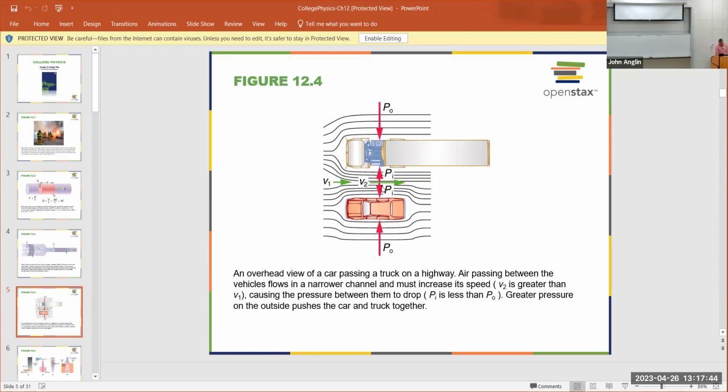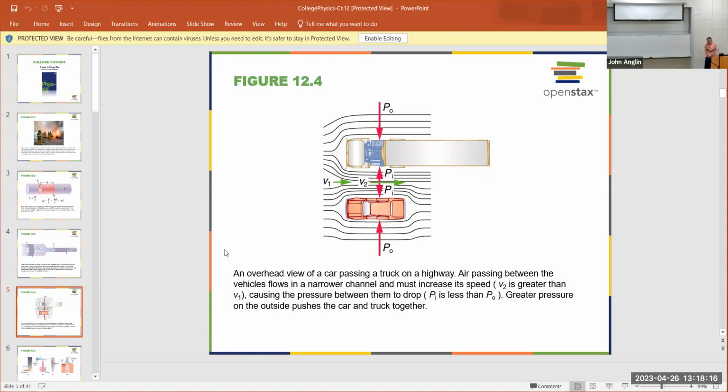And we know that that forces P1 to decrease relative to P0. So we have now a low pressure area in between the two vehicles. So what does that mean? That means that the closer you get, the lower that pressure is going to be. So you're going to get more of a push from the outside air pressure and potentially could draw those two vehicles together. So why doesn't that happen?